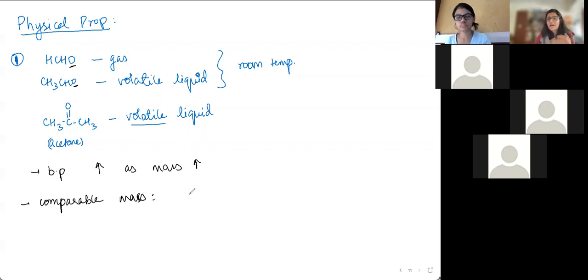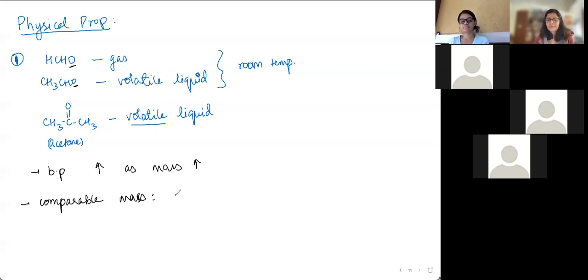Which one will have a higher boiling point between alcohols and aldehydes? Ma'am, which one will have a higher boiling point? Aldehydes or alcohols with the same number of carbon atoms. Alcohols. The reason? H bonding.